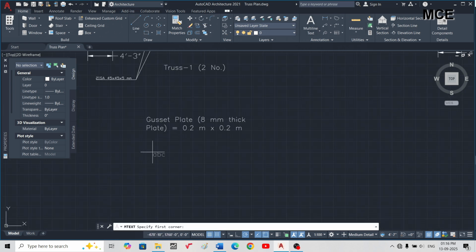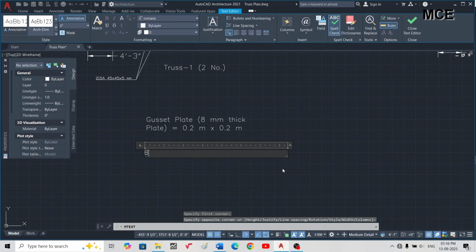So I will take the size of the base plate as 12 mm thick plate.